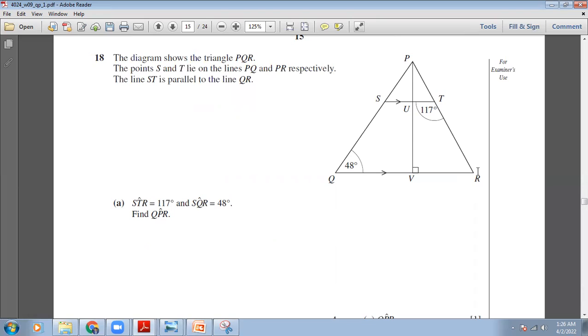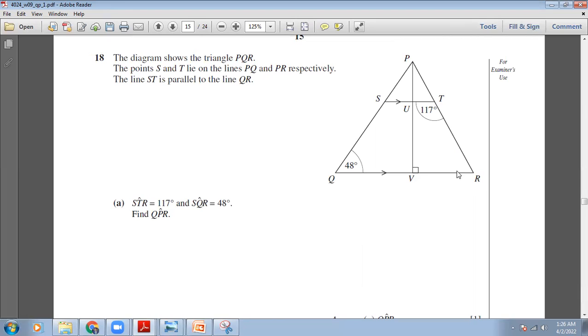QPR. Okay. So basically they want you to find out this angle. You know, this angle and this whole angle, they are allied angles of the parallel lines. These two lines are going parallel. This is the transversal line. So these two angles are inside the parallel lines and they are on the same side of the transversal.